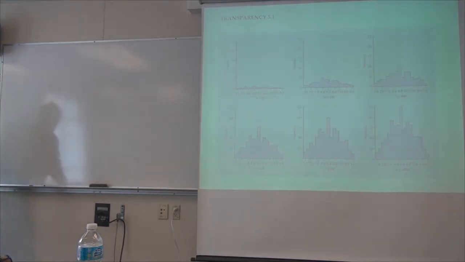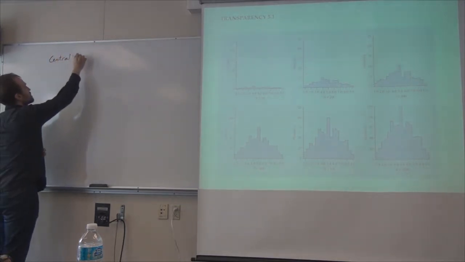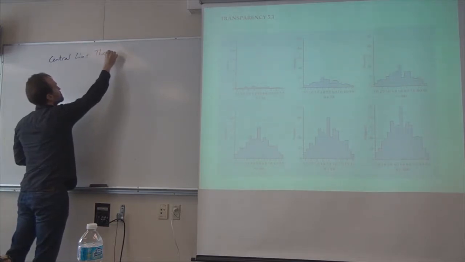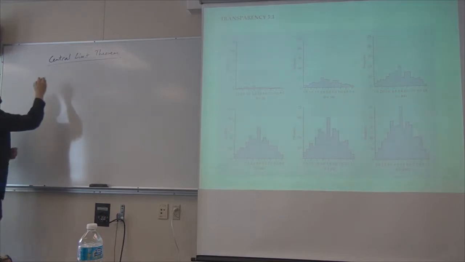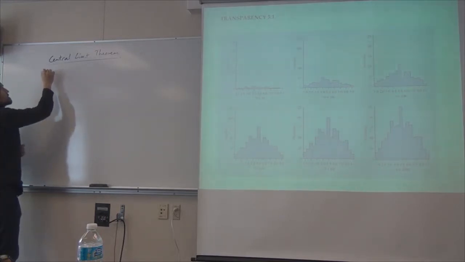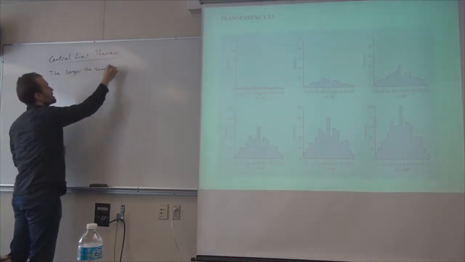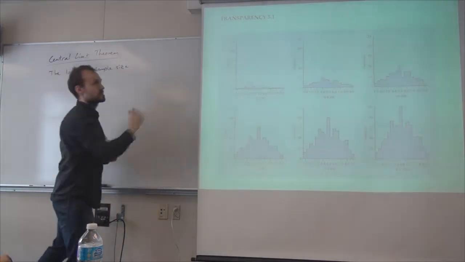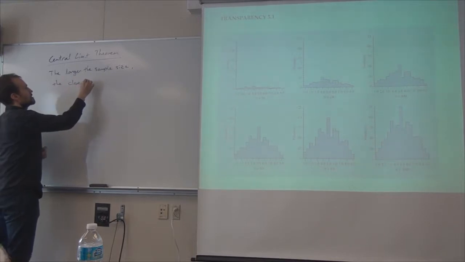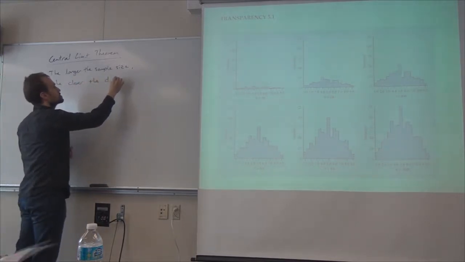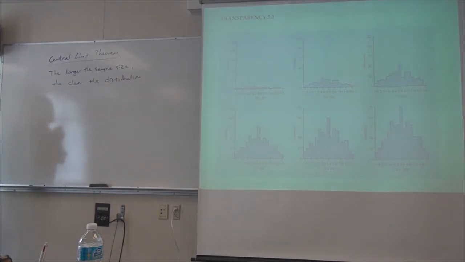So let me just summarize the central limit theorem here very informally. Let's say it like this: the larger the sample size, which is n in this case, the closer the distribution of all possible means coming from that sample size.